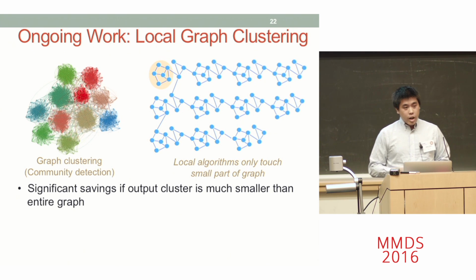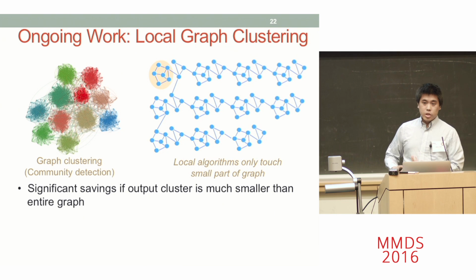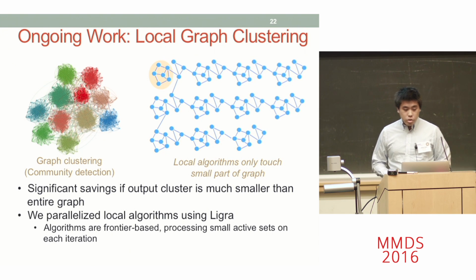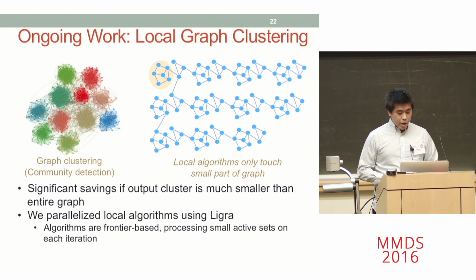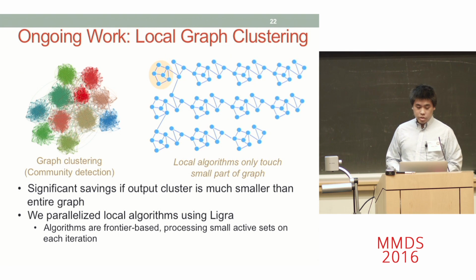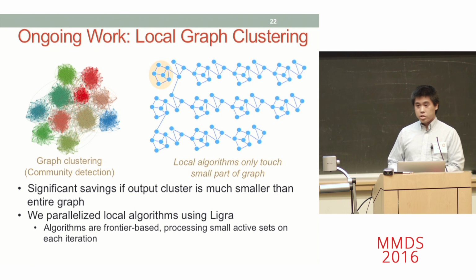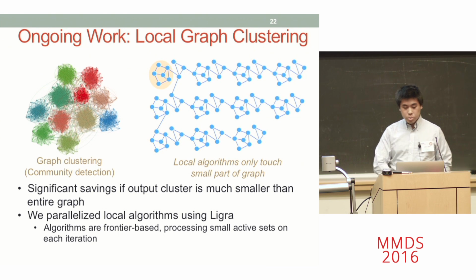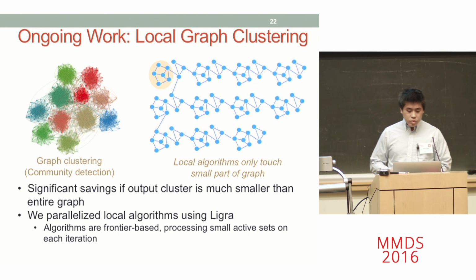All of the local algorithms that have been described in the literature for clustering have been described in a sequential setting, and we've been parallelizing some of these local algorithms using the Ligra framework. Some of these algorithms were pretty natural to extend to the parallel setting. Some of the other algorithms required more work to make parallel.